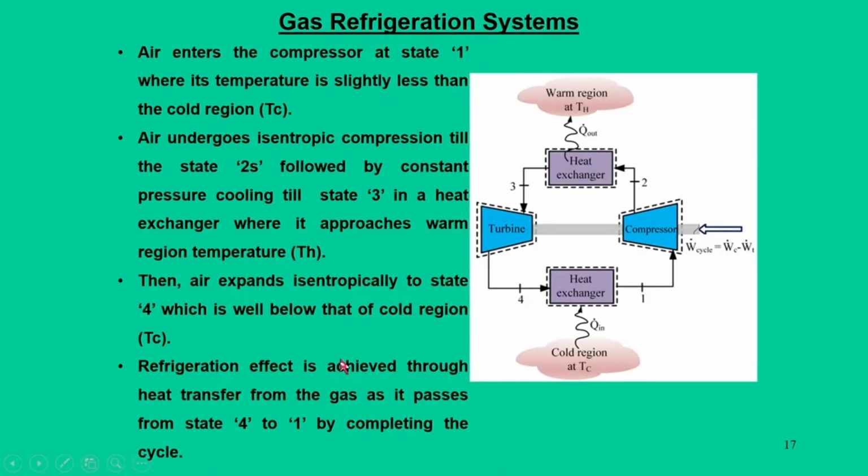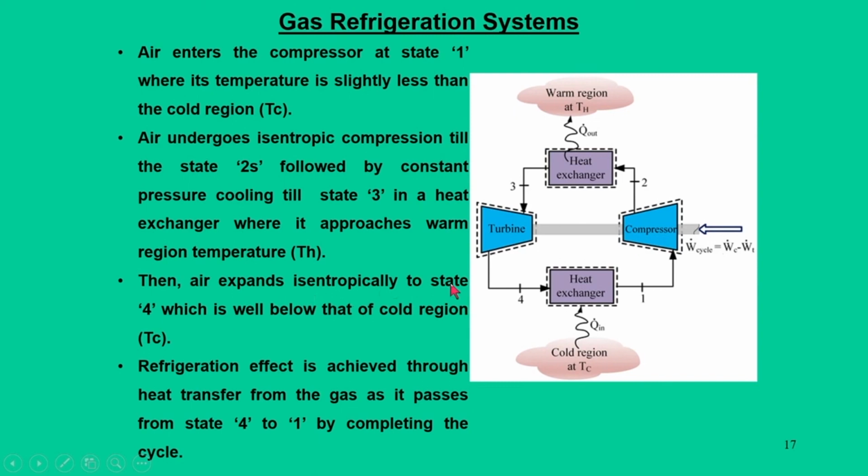So, I have elaborated it. Air enters the compressor at state 1, with temperature slightly less than the cold region. Air undergoes isentropic compression till state 2s is reached, and from 2 to 3 it goes into a heat exchanger where it approaches the warm region temperature.